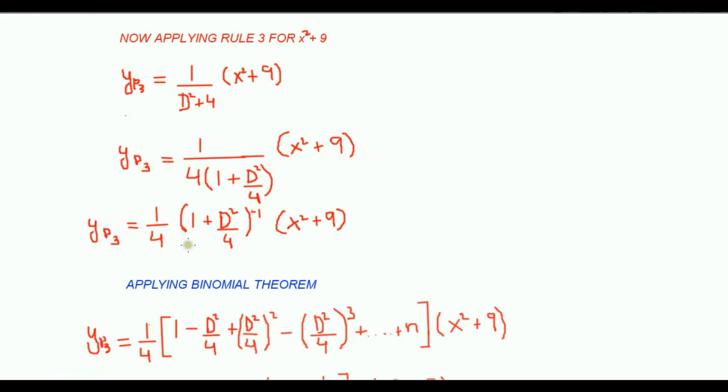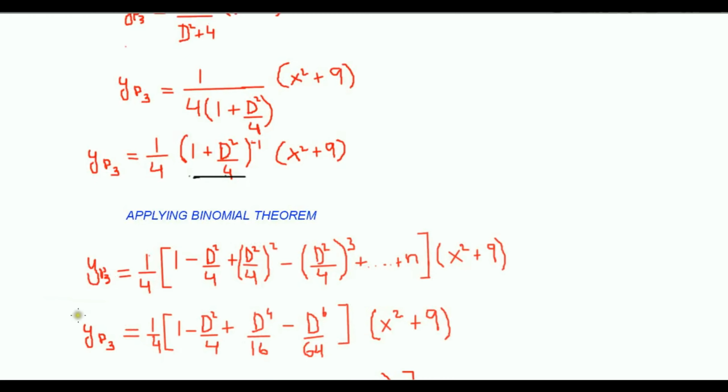So let's apply the binomial theorem over here. My particular integral for rule number 3 is equal to 1 upon 4, 1 minus d squared upon 4 plus d to the 4 upon 16 minus d to the 6 upon 64, and so on, multiplied by this.